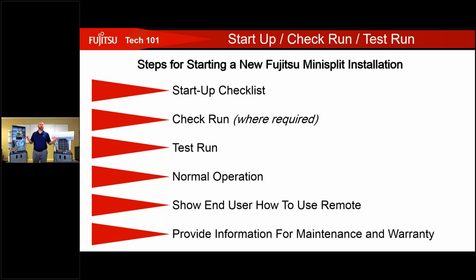Checking all copper to make sure that there is no exposed copper. Checking the flare fittings, or even at that point in time, that's where you start to cover all of your flare fittings, finishing your line hides and stuff like that. All of that can be included in your startup checklist. That's basically customizable to you.